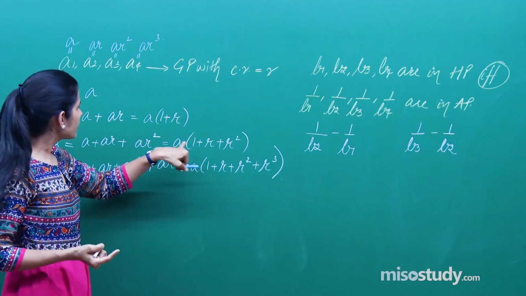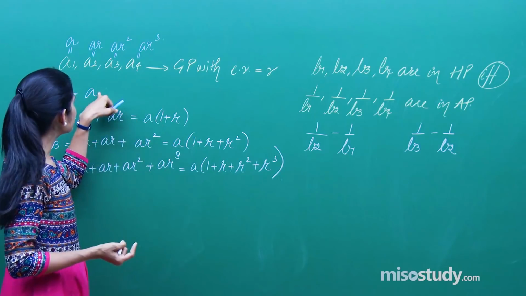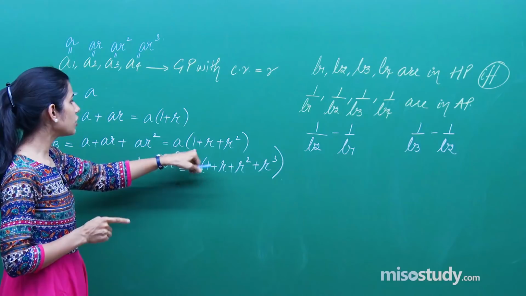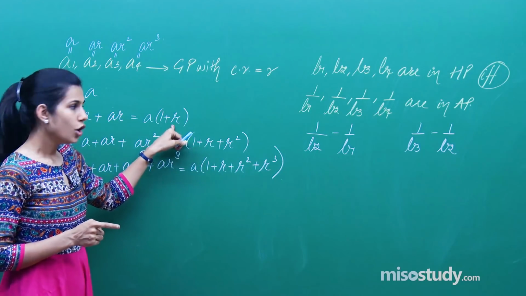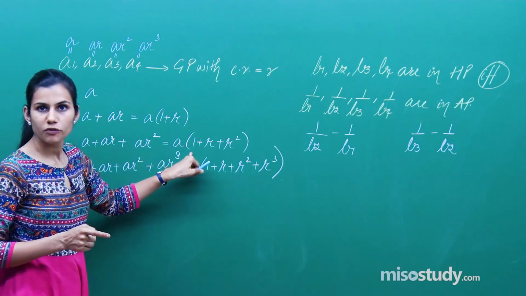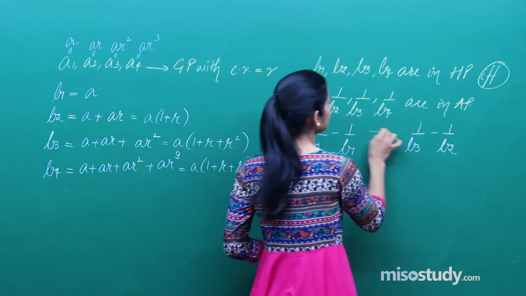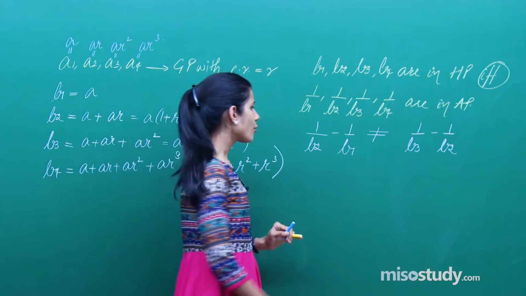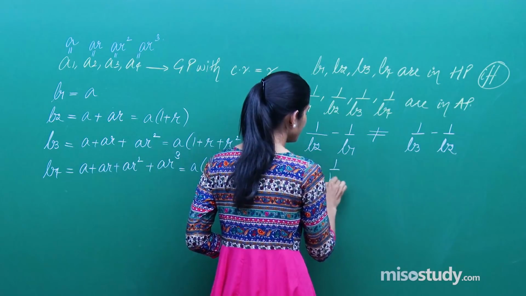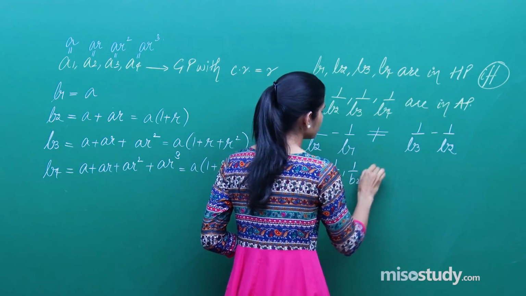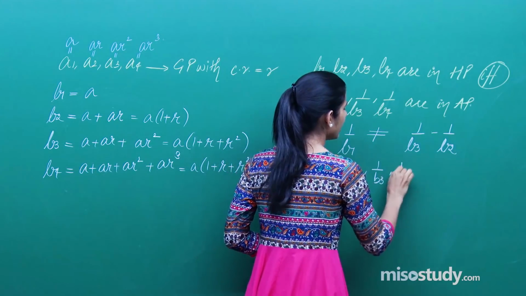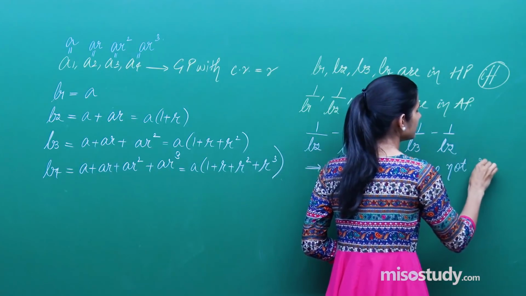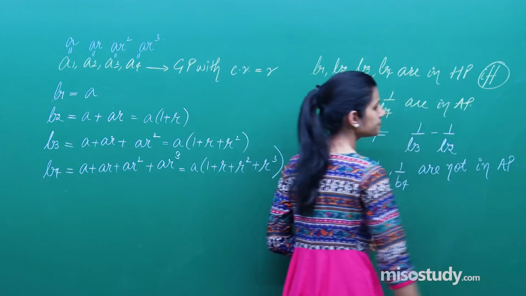So reciprocal of B2 minus reciprocal of B1, you will find will not come out to be equal to reciprocal of B3 minus reciprocal of B2, or reciprocal of B4 minus reciprocal of B3, in which case I will get these two subtractions to be unequal, which would mean that 1 by B1, 1 by B2, 1 by B3 and 1 by B4 are not in AP.